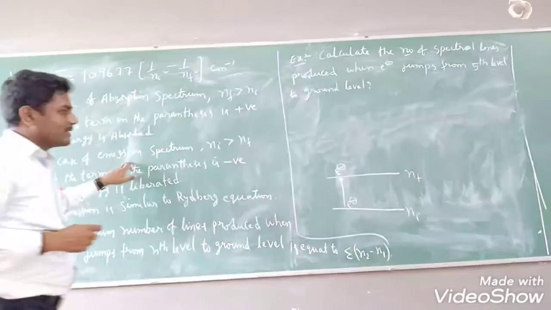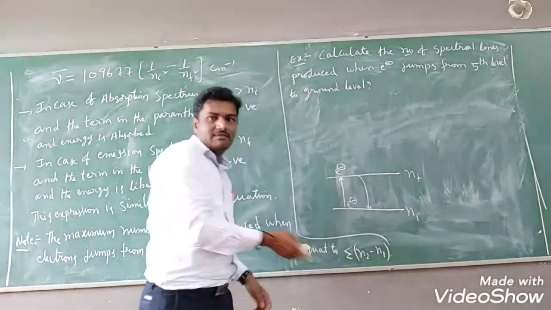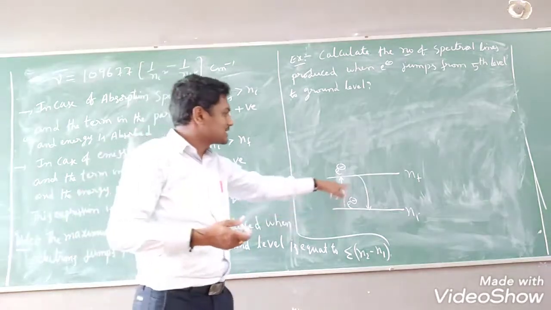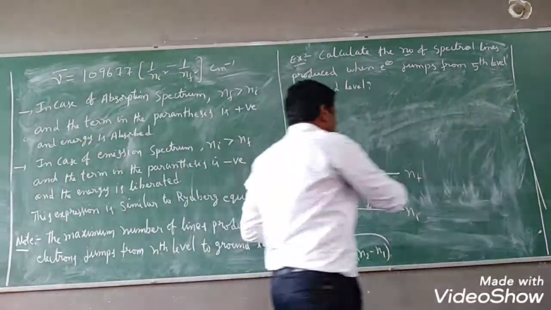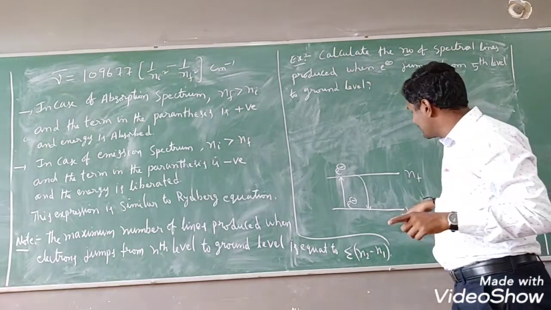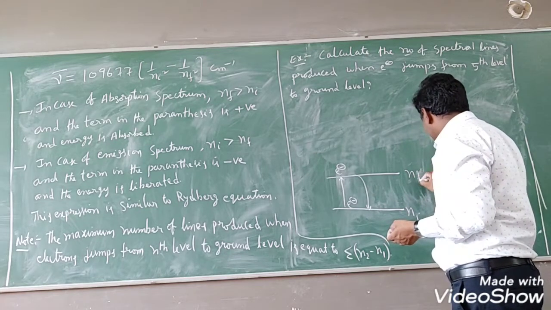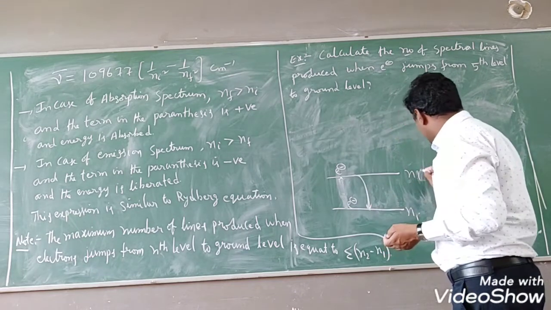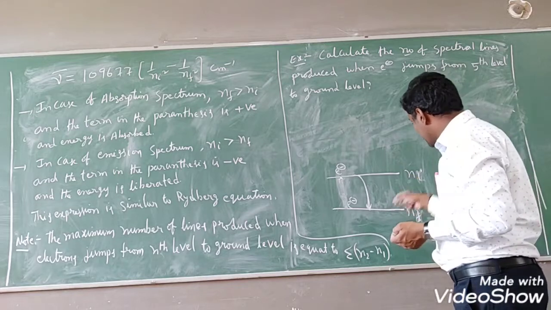Now in case of emission spectrum, whenever the electron jumps from a higher energy level to a lower energy orbit, emission of energy takes place. During that transition you will get the emission spectrum. In this transition, this will act as the initial orbit and this will act as the final.